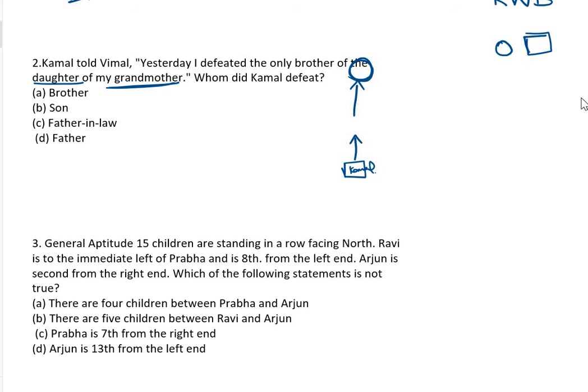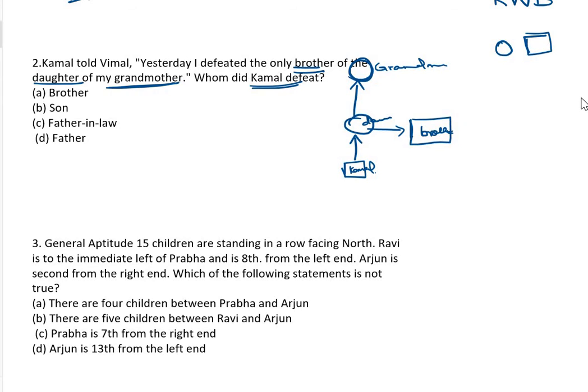So, yesterday I defeated the only brother of the daughter of my grandmother. This is the grandmother, her daughter, and then her brother, the only brother. So the question is, whom did Kamal defeat?